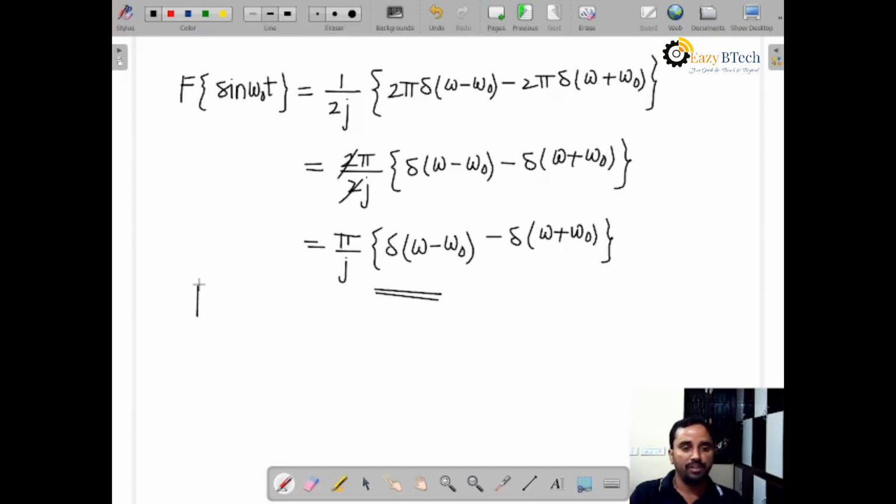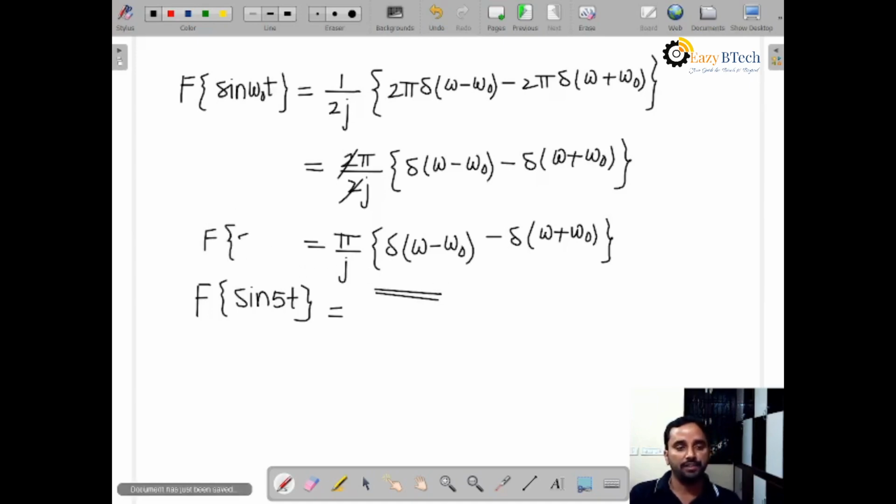Before going to the cos function, just a simple example. What is the Fourier transform of sine pi t? We already know sine omega naught t. Take that, and in the place of omega naught, what do we have? Pi. Right or not?